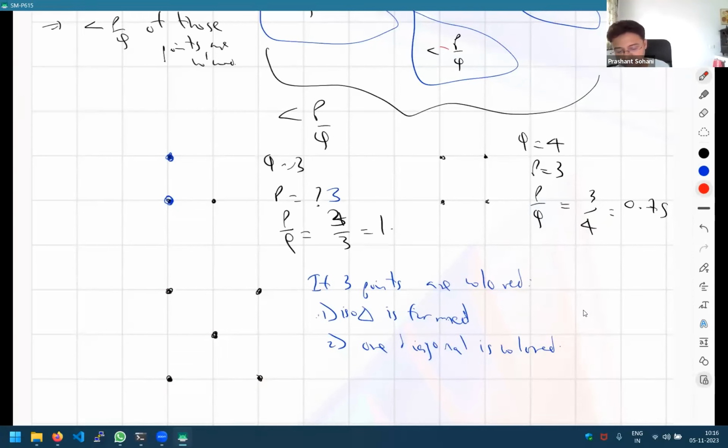So in other words, I can invert this statement: if 3 points are colored and no isosceles triangle is formed, then I can force that there exists some diagonal which is fully covered.